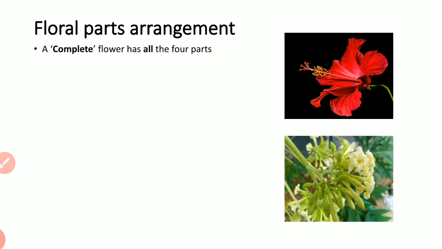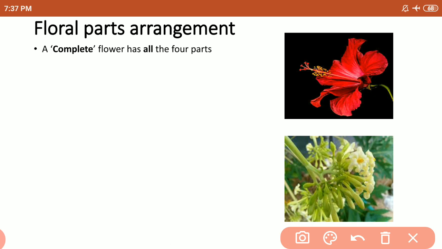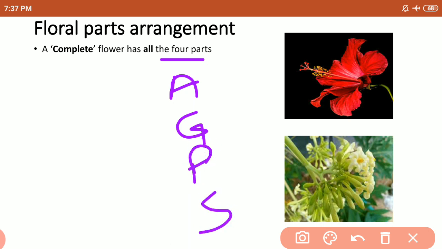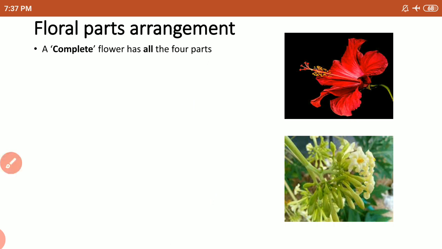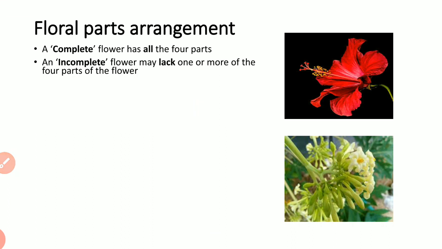A complete flower has all four parts: androecium, gynoecium, petals and sepals. When all four parts are present, the flower is called a complete flower, just like the hibiscus.